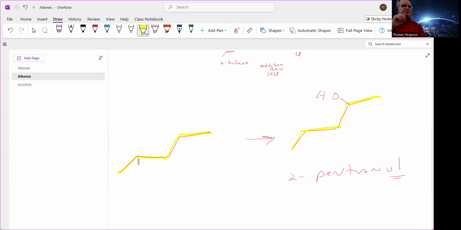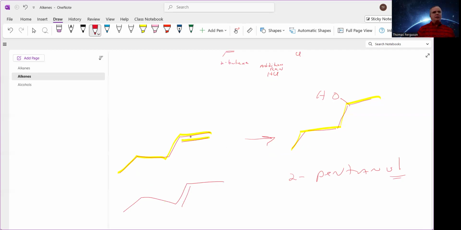Now, there are two places we could have a double bond and get an alcohol. We could have a double bond there, or there.